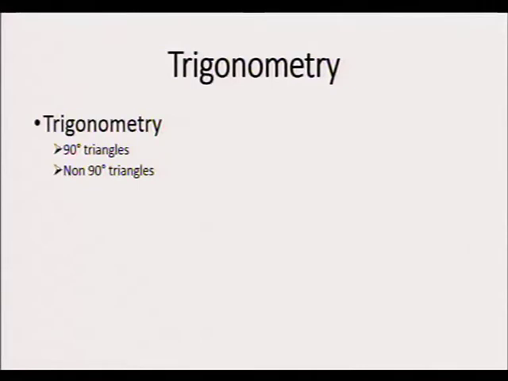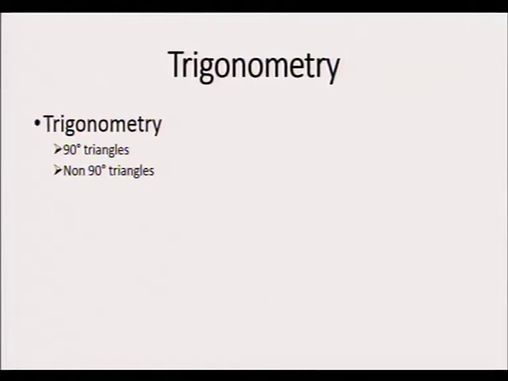Trigonometry. You should be able to do calculations on 90-degree triangles. So Pythagoras theorem, how to find the area of 90-degree triangles, and do bearings, elevation and depression, things like that.